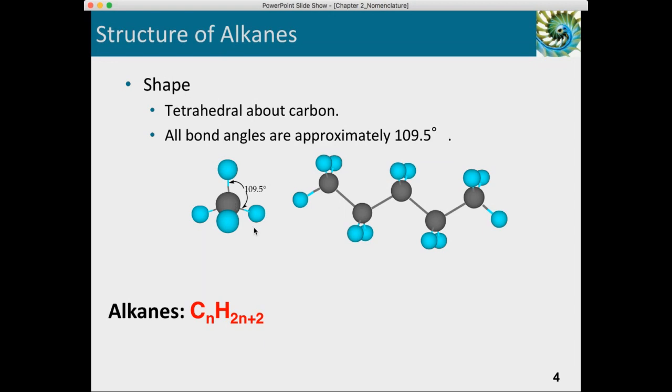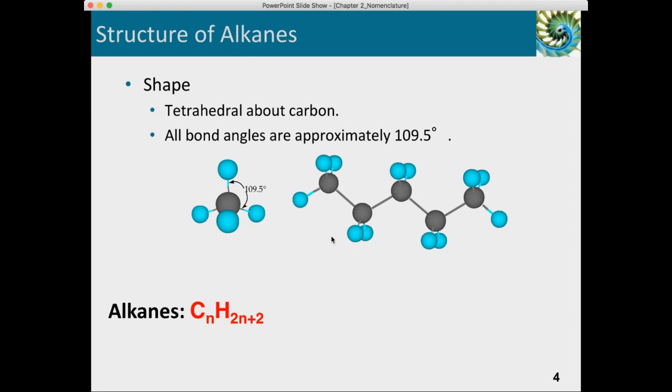Another really relevant feature about alkanes is that because every carbon has only single bonds, there is free rotation around the carbon-carbon bonds. Okay, so for example, around this carbon-carbon bond, this molecule can rotate over here. Around this carbon-carbon bond, the molecule can rotate over here. Same thing on this side.